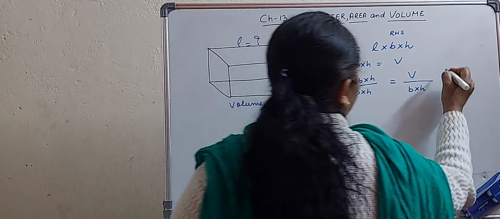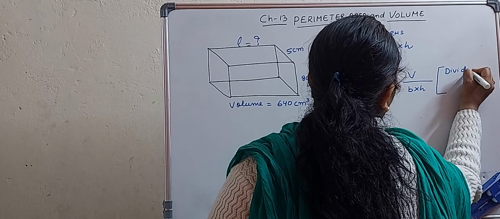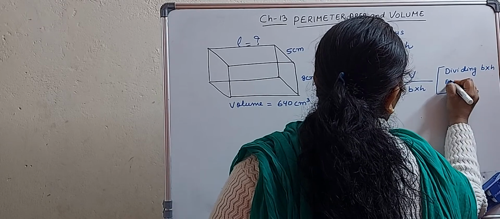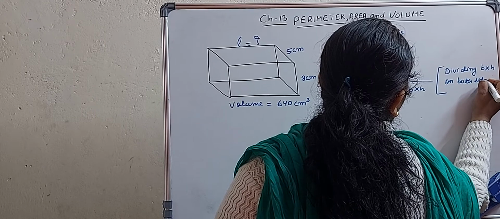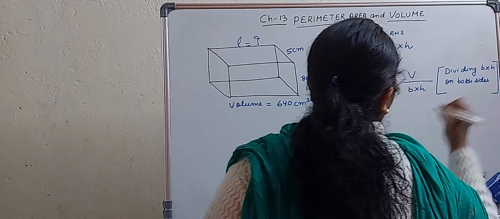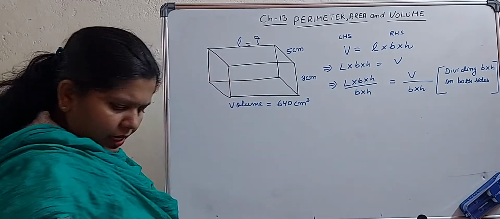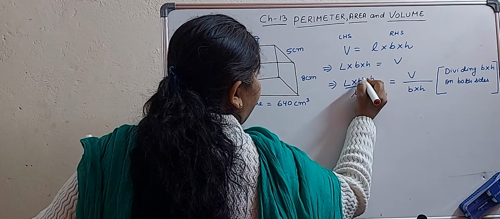I am writing the reason here, dividing B into H on both sides. So this B and this B both will get cut.